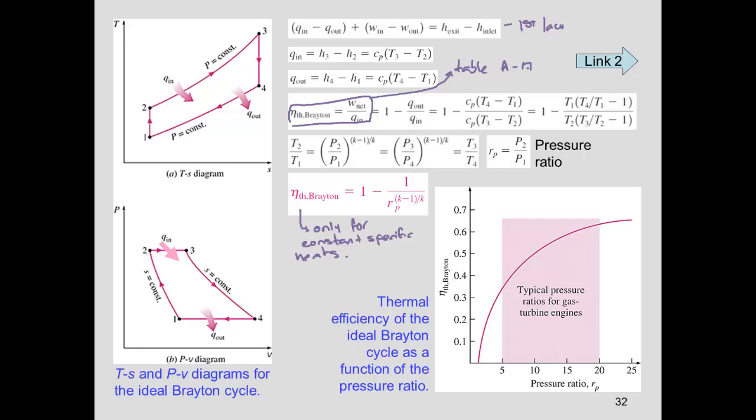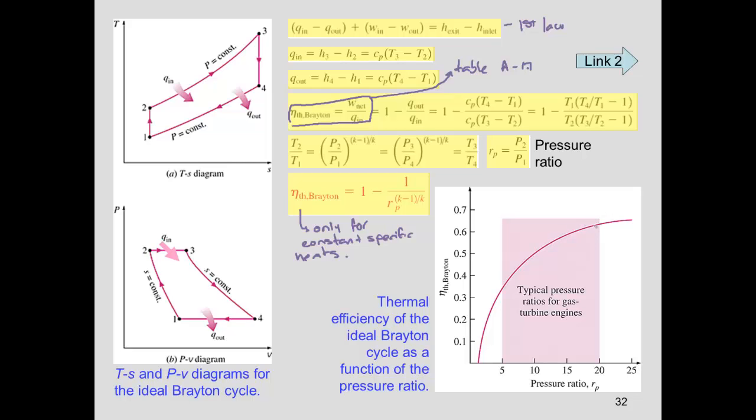If we analyze this expression, we can see that again, the higher the pressure ratio, the higher the Brayton efficiency, and we can recognize that in this graph.